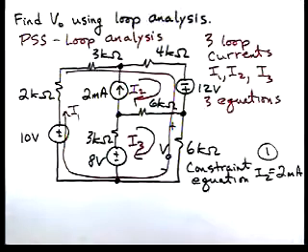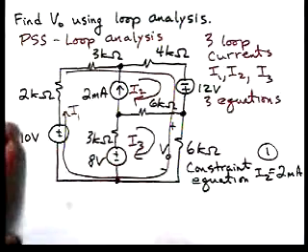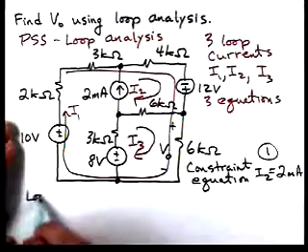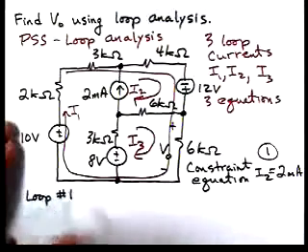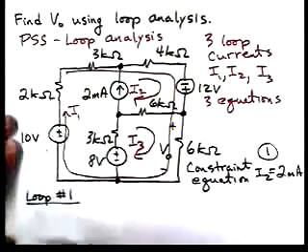Okay, now we're going to want to apply KVL to the other 2 loops to get our remaining 2 equations. So let's do it for loop 1, which is the outside loop. So for loop number 1, we'll start here.